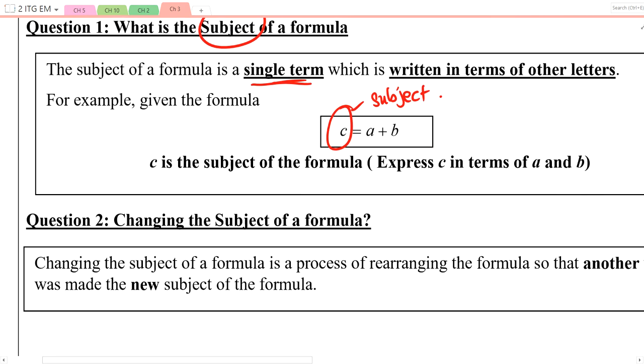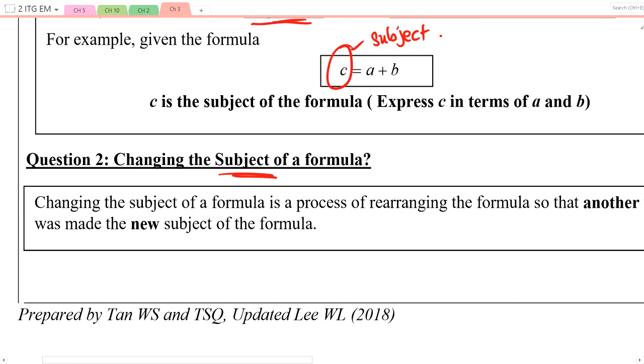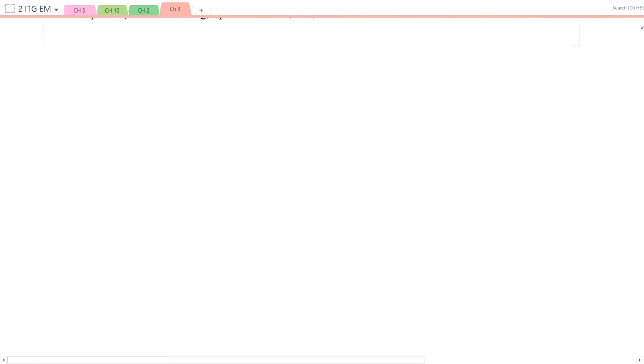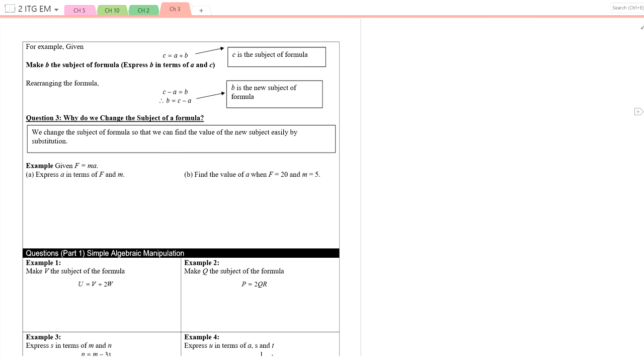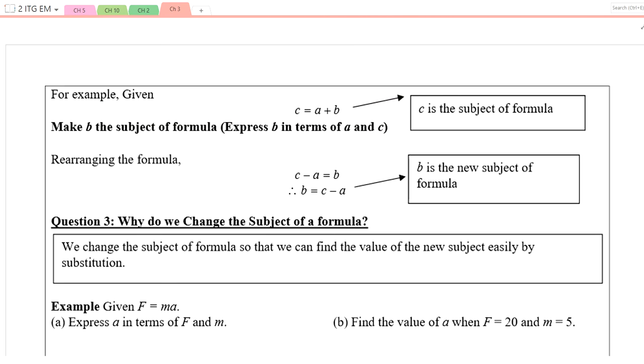Okay, so if I want to change the subject, let's say with the example C equals A plus B, I want to make B the subject. I want B on the left hand side only.